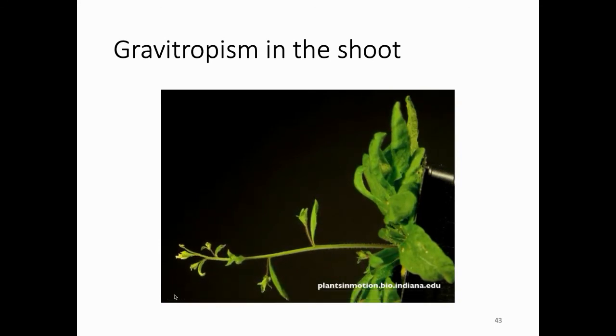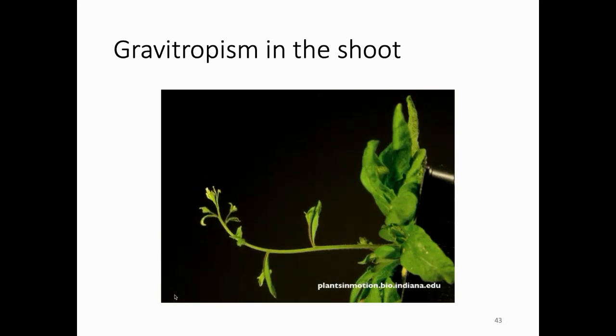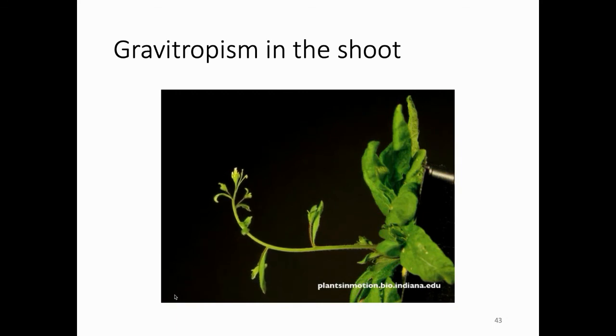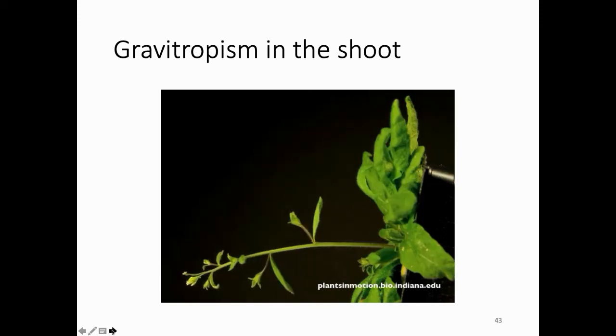You can see it from this video. You can see that the lower side is curvier than the upper side. This means the lower side gets more auxin, but the shoot responds to higher auxin concentration. So the lower side has cells that elongate better than the upper side.